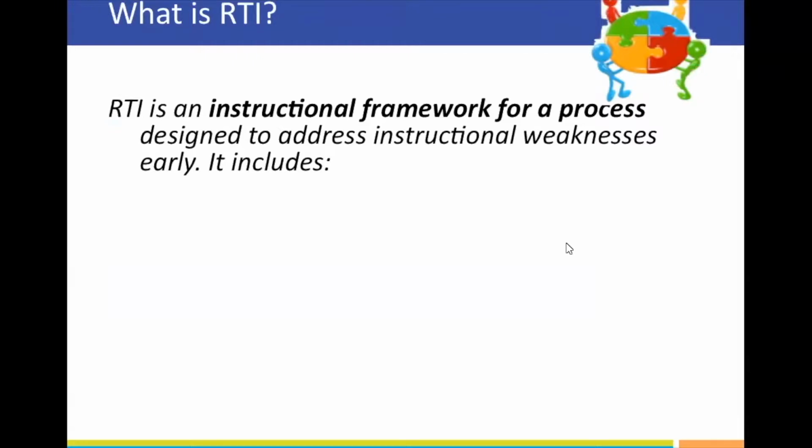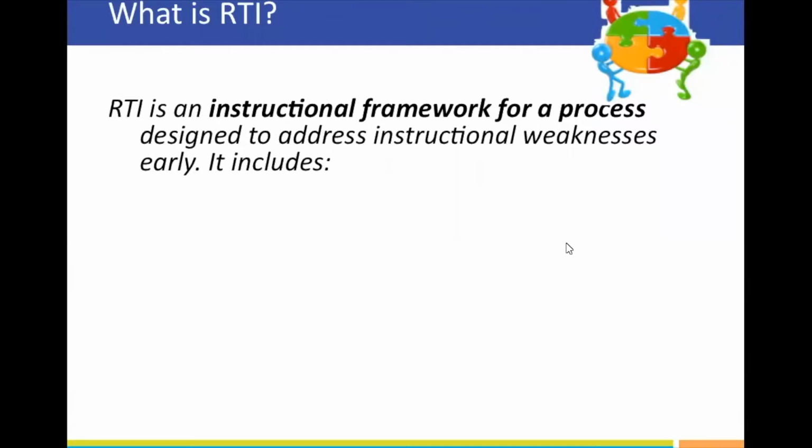What is RTI? RTI is an instructional framework for a process designed to address instructional weaknesses early. When in place, it prevents students from slipping through the cracks, a concern all of us have faced.